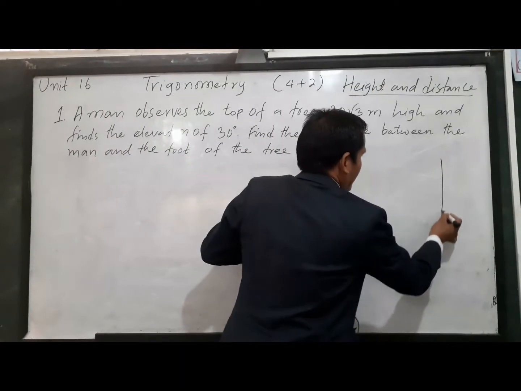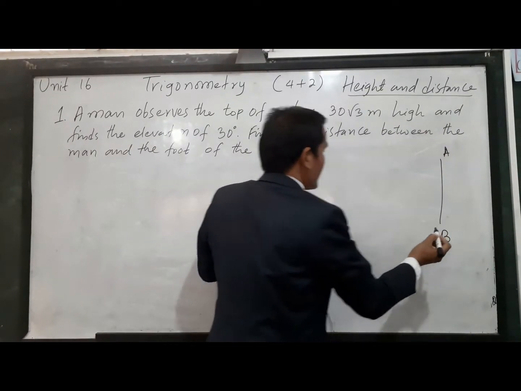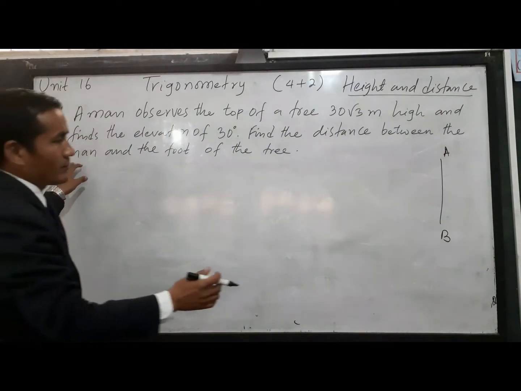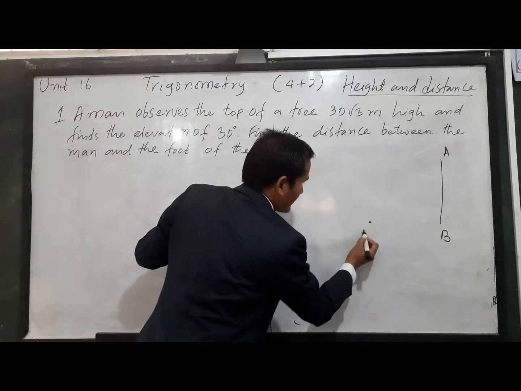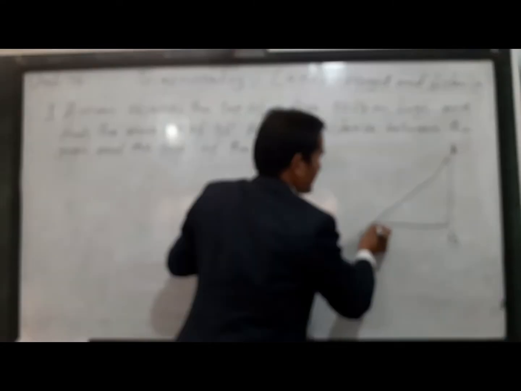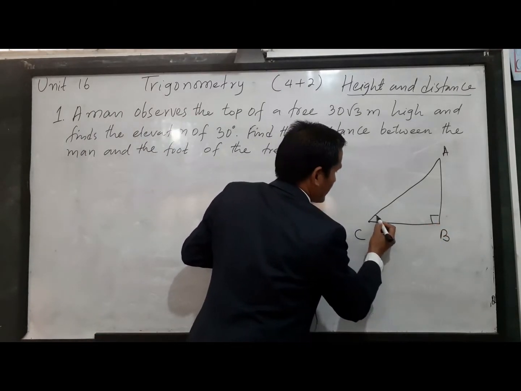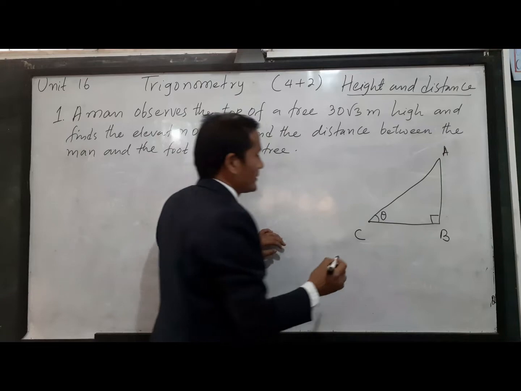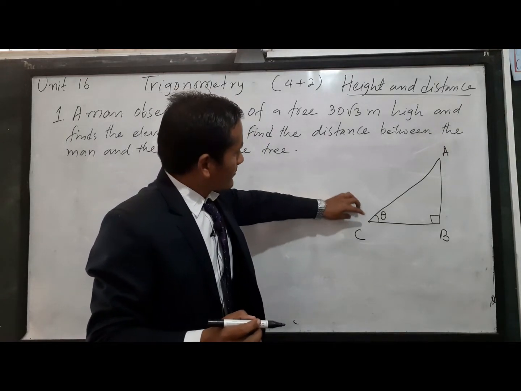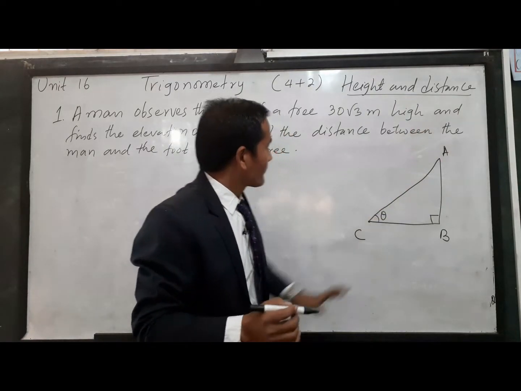Let AB be the height of the tree, and the man is here at distance BC. Here the angle of elevation is formed from C to the top of the tree A.